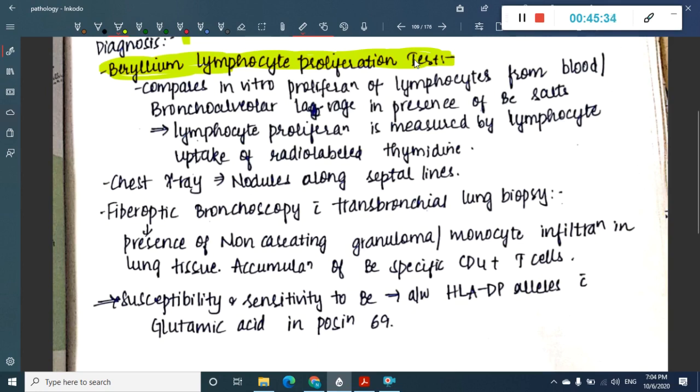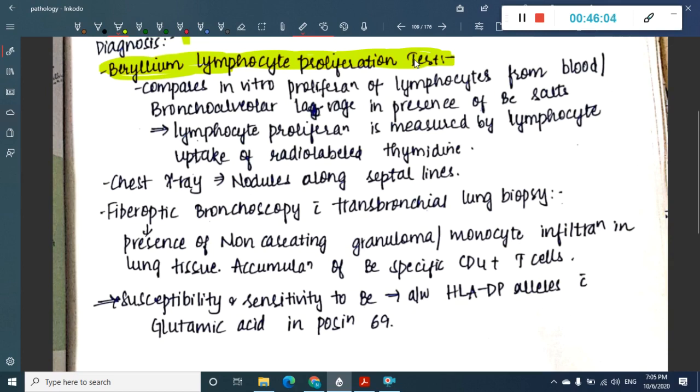You will see the radio labeling if there is beryllium. If there is beryllium in the alveolar lavage, then it will be labeled by the radio labeled thymidine, and you can see the radioactivity. Then you can diagnose that beryllium is present in the patient's bronchoalveolar lavage, and thus diagnose that the person has berylliosis. So that is one way.